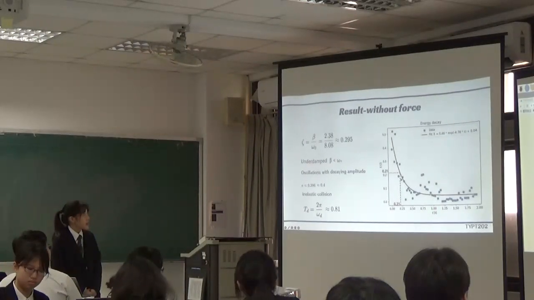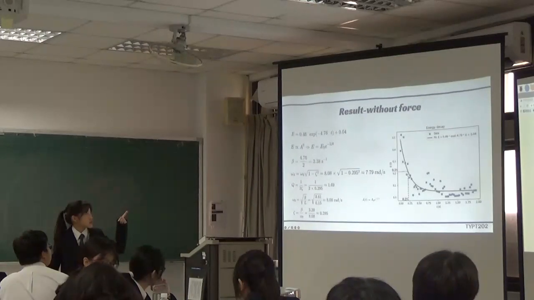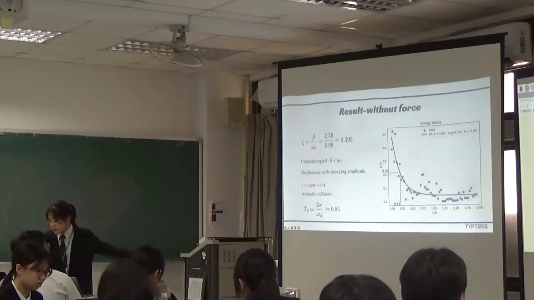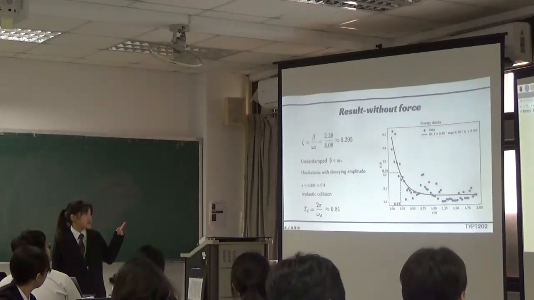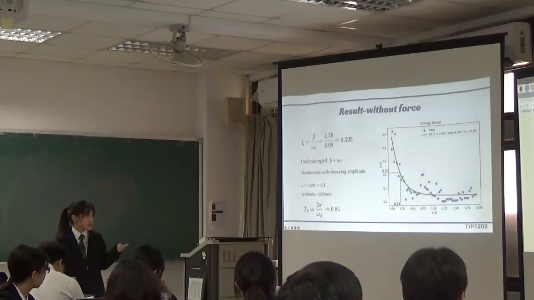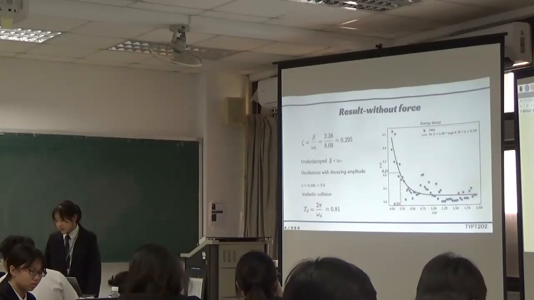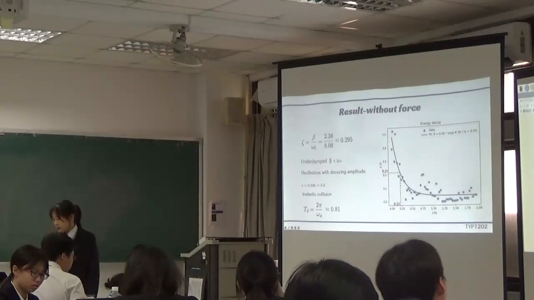And by knowing the theta, you can reverse the coefficient of restitution, which is 0.4. It means that this system is an inelastic collision. And by this equation, you can know that the period is 0.81.